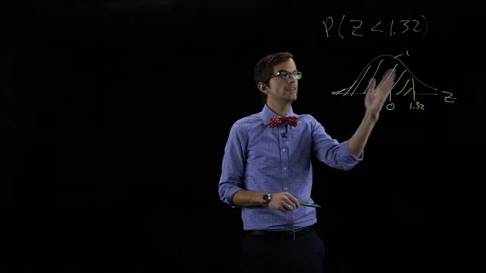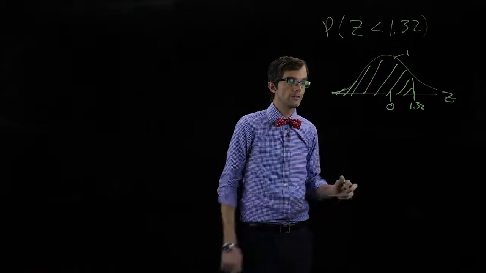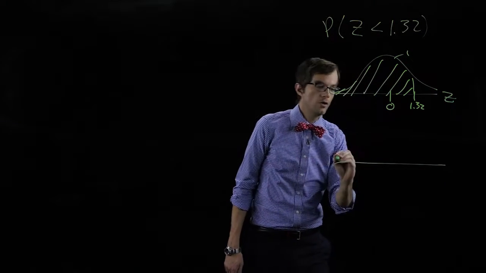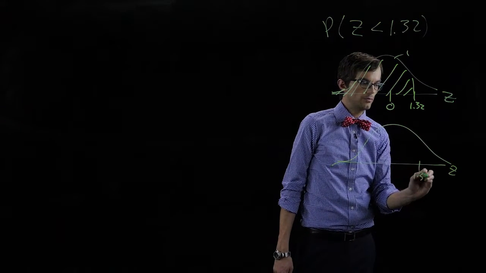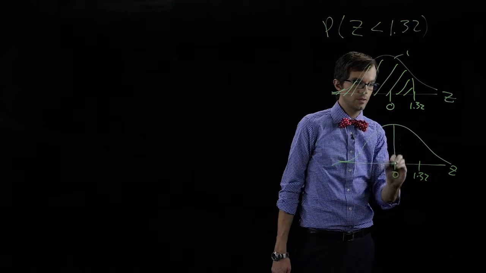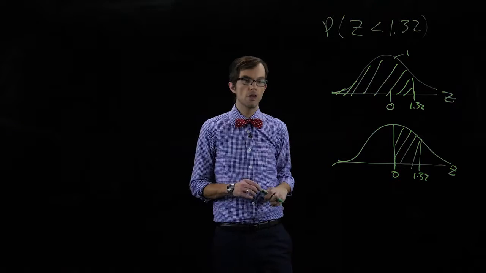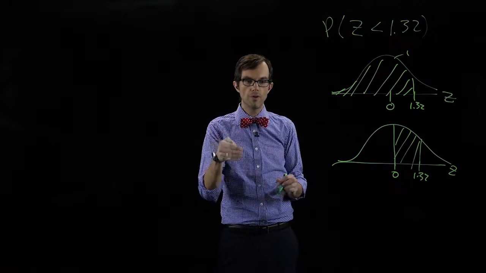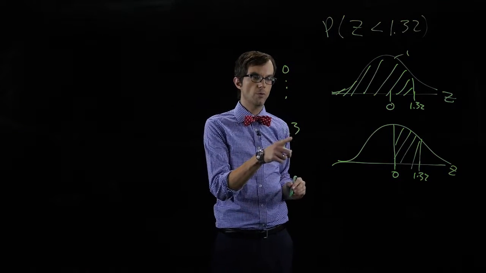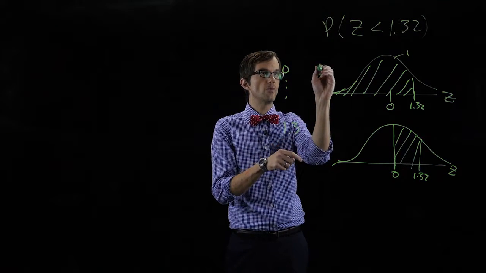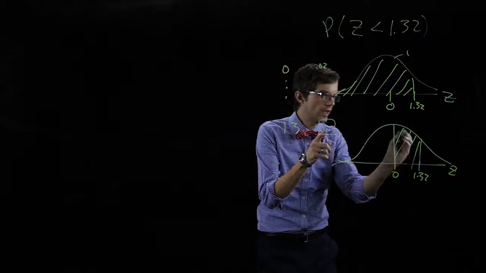Okay, so we need to find this area using our lookup table. The lookup table is going to give us this area. Here's 1.32, here's 0. We're going to go down to the 1.3 row, and over to the 0.02 column, and that intersection is going to give us this area.